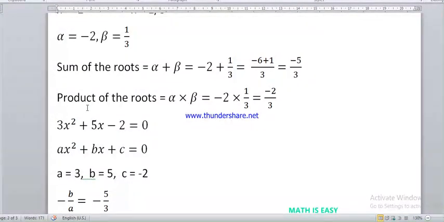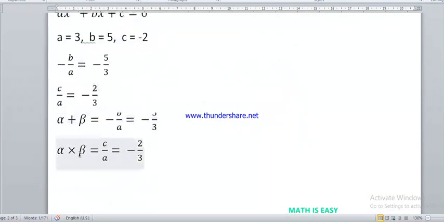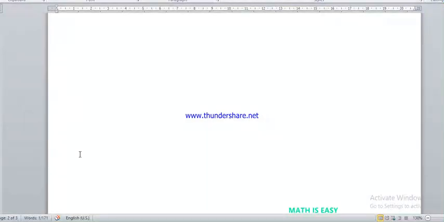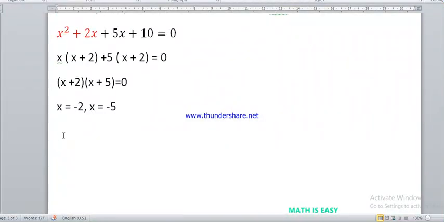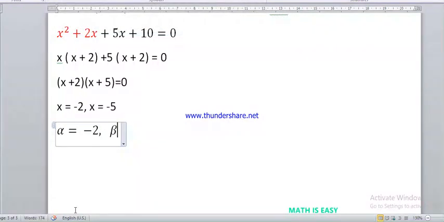Okay, so that means one value of x I'll take as alpha, then another value I'll take as beta. Alpha value is minus 2. Beta value is minus 5. So what is the next step I have to do?